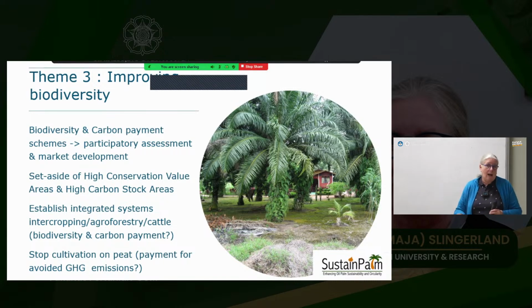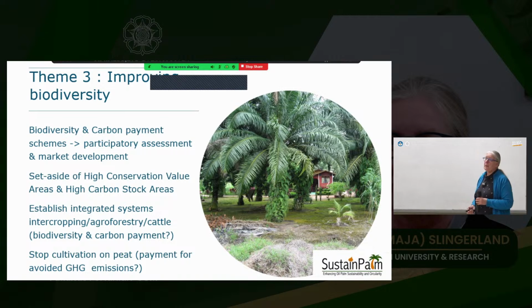So you want either carbon credits or biodiversity credits. And you can imagine that also the integrated systems that we talked about may perhaps benefit from carbon credits. For instance, the intercropping with black pepper, it's a pepper tree, so yeah, perhaps.